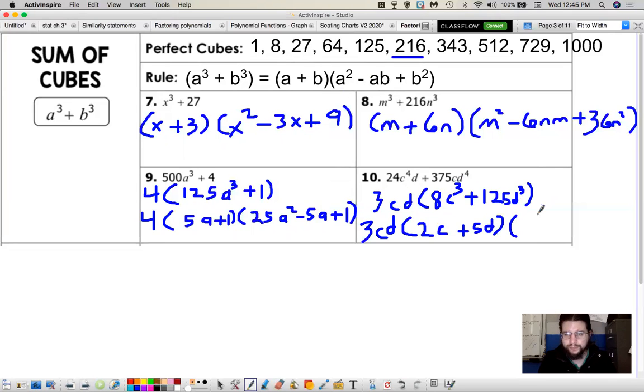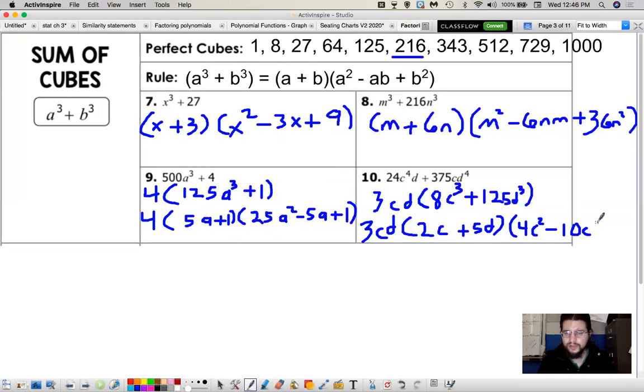Plug it in. 2C squared is 4C squared. Obviously I can't say parentheses in the air, but whatever. 2C squared is what's going on here if you're confused. Minus 2C times 5D is 10DC or CD, your choice.